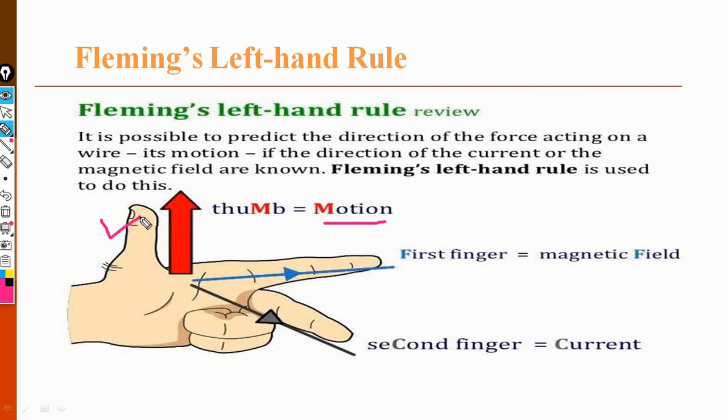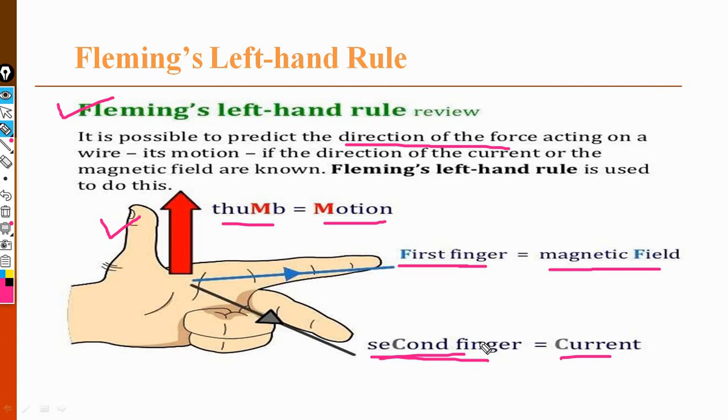The first finger shows the direction of magnetic field, and the second finger shows the direction of current. That means Fleming's left hand rule depends on the direction of force. The thumb, first finger and second finger are very important in Fleming's left hand rule. Thumb shows the direction of motion, first finger the direction of magnetic field, and second finger the direction of current.